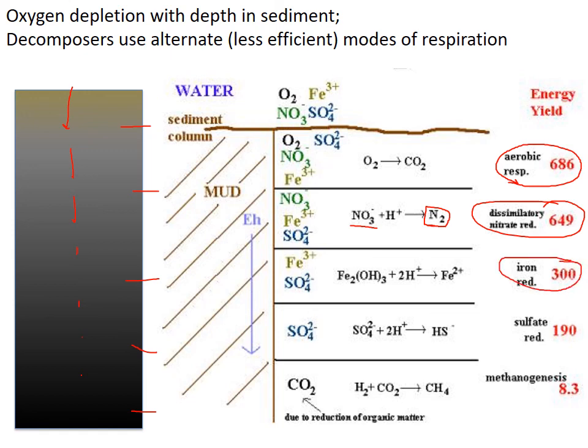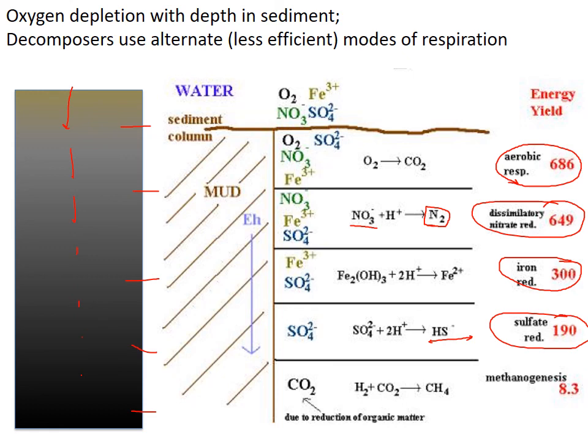That doesn't have quite as high an energy yield, but it does happen. And then sulfate, this oxidized form of sulfur, can be reduced to hydrogen sulfide. If you've ever been to an estuary at low tide and smelled kind of a bad rotten eggs or flatulence kind of smell, that was the hydrogen sulfide bubbling out of the sediment after sulfate had been reduced by this form of anaerobic respiration.